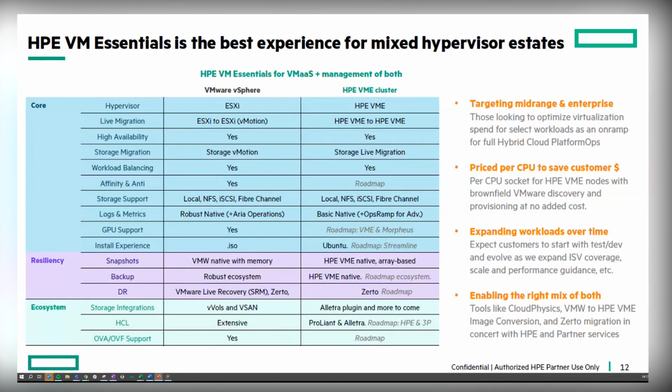Given that Morpheus was using this as their own internal hypervisor rather than it being a market offering, there are some gaps in comparison to VMware vSphere today. But we do have some really good core functionality such as high availability, distributed resource scheduler, and live migration between the hosts as well. And Sam will showcase some of those capabilities in the demonstration.